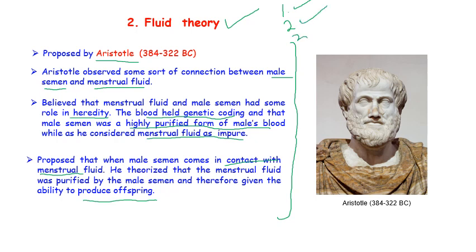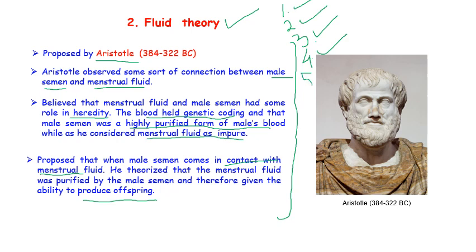Number third, he believed that male semen was a highly purified form of blood. Number fourth, he believed that the menstrual fluid was the impure form of the blood.